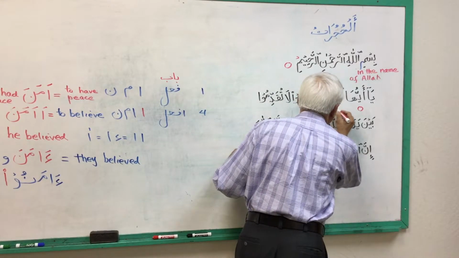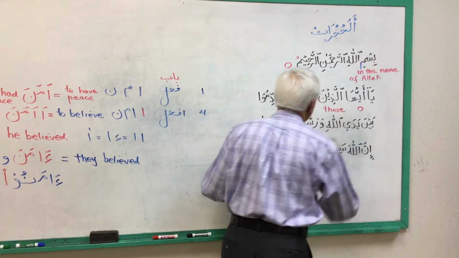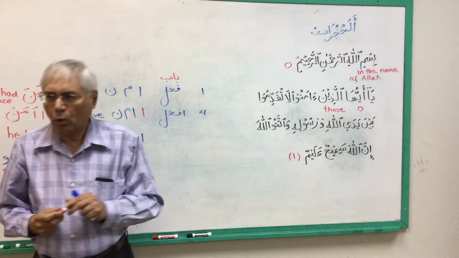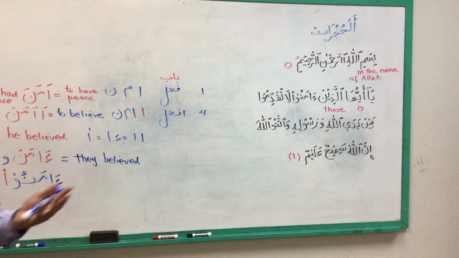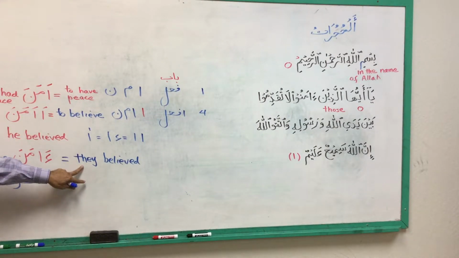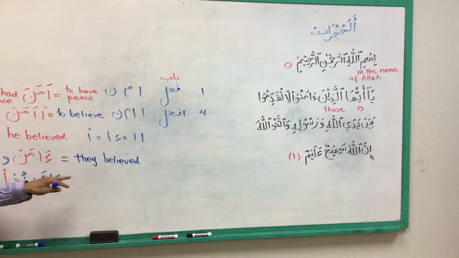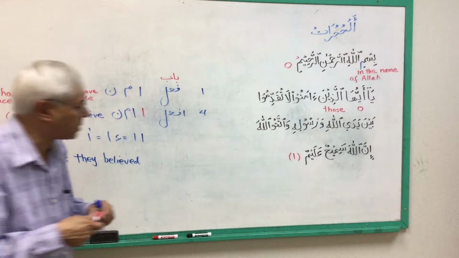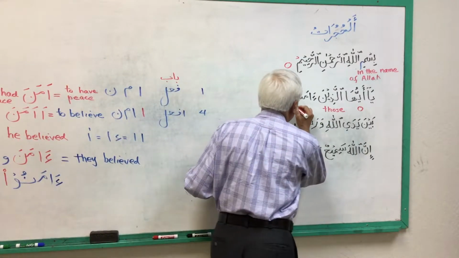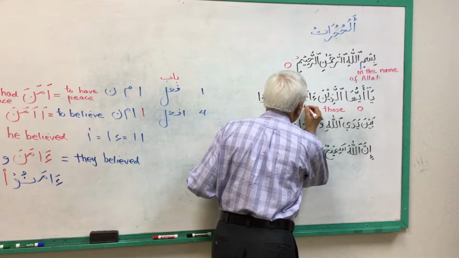Oh those people, the meaning is they believed. But if I want to make proper English, I will say who believed. It's the same person, but we say who believed.